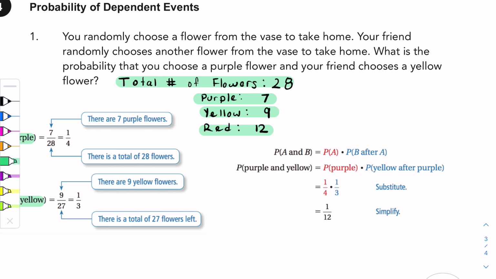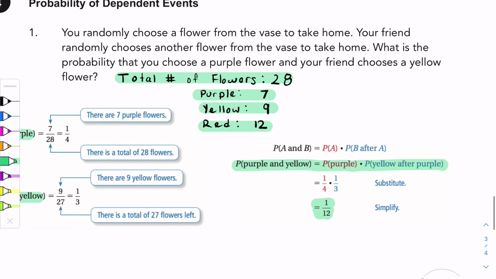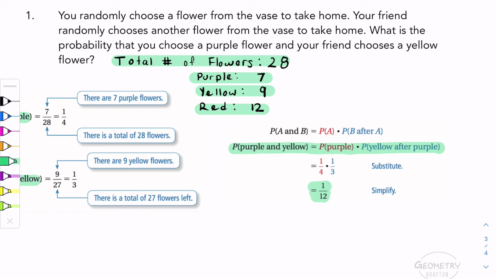The probability of pulling a purple and a yellow flower is the probability of pulling a purple multiplied by the probability of pulling yellow after the purple, which simplifies to 1/12. And 1/12 is about 0.08 or 8%. So you have an 8% chance of you pulling a purple flower and your friend pulling a yellow flower.